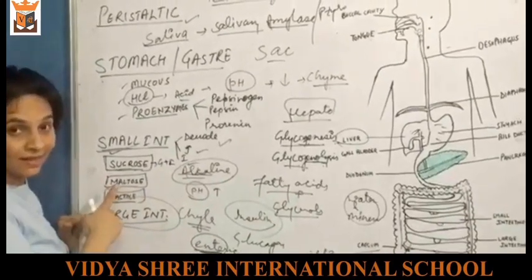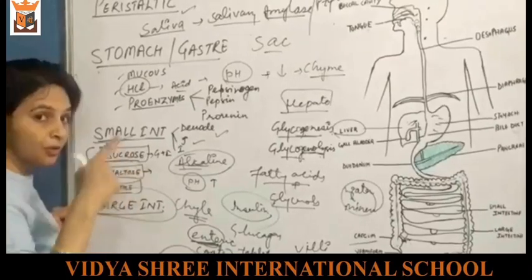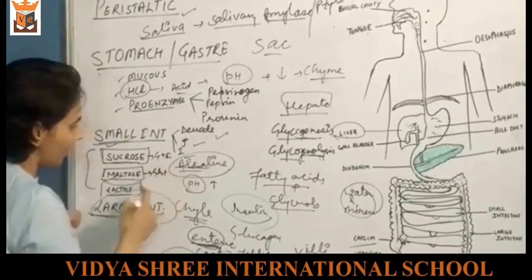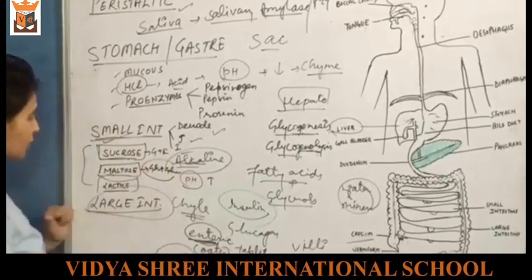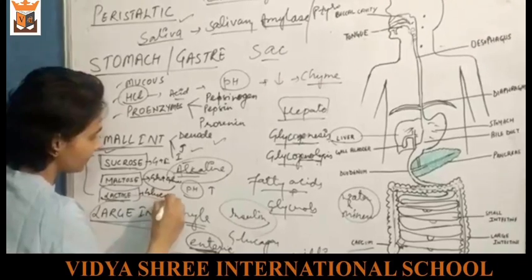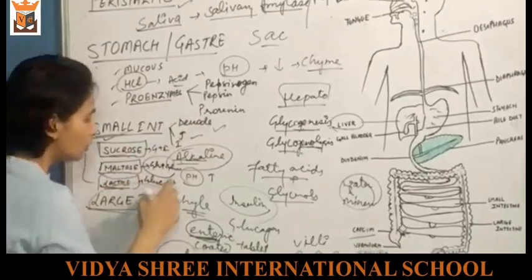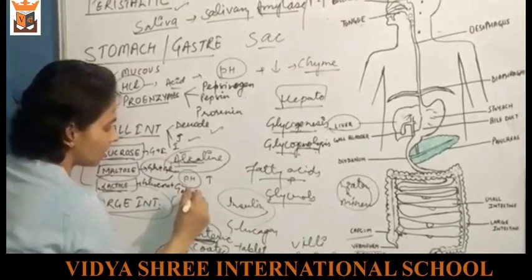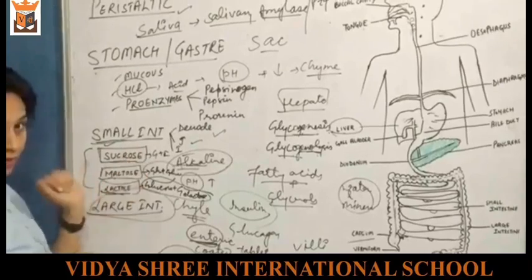Maltose, this is a disaccharide. These all three are disaccharides. Maltose gets converted into glucose and glucose, that is 2 moles of glucose. Lactose gets converted into glucose and galactose. So this is the digestion of carbohydrates.